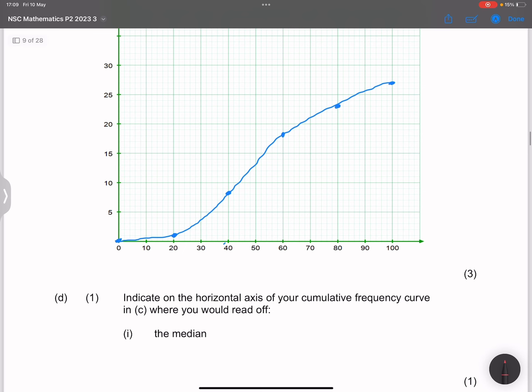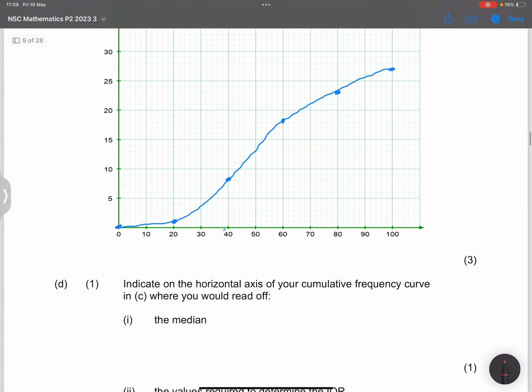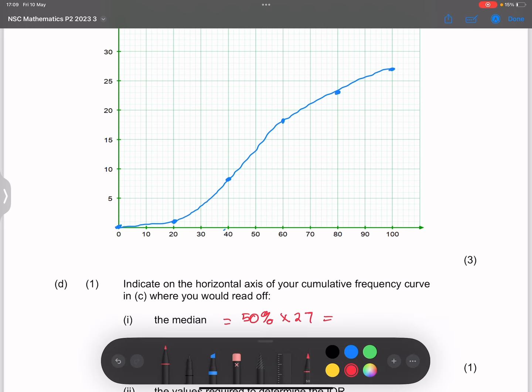So now, what's 50% of 27? Remember, the cumulative frequency. Divide that by 2. In that case, that's about 13.5. Let me use a different color.